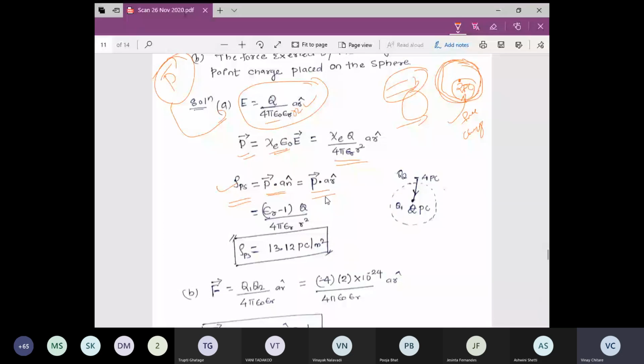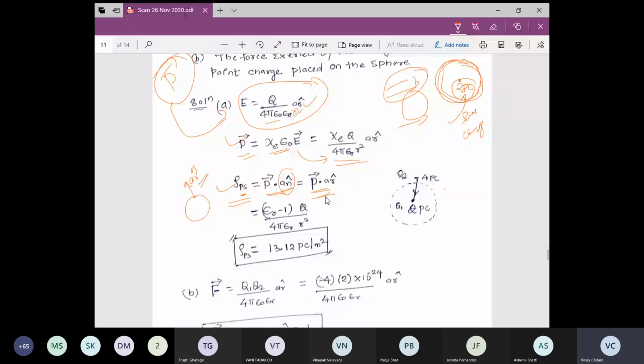It's quite simple, just a simple substitution. And this a_n hat is nothing but the unit vector outward normal to the surface. We have taken a sphere, and for that we have a_r hat, so it is P dot a_r hat. So you have P, and here we get to know what rho_ps is.